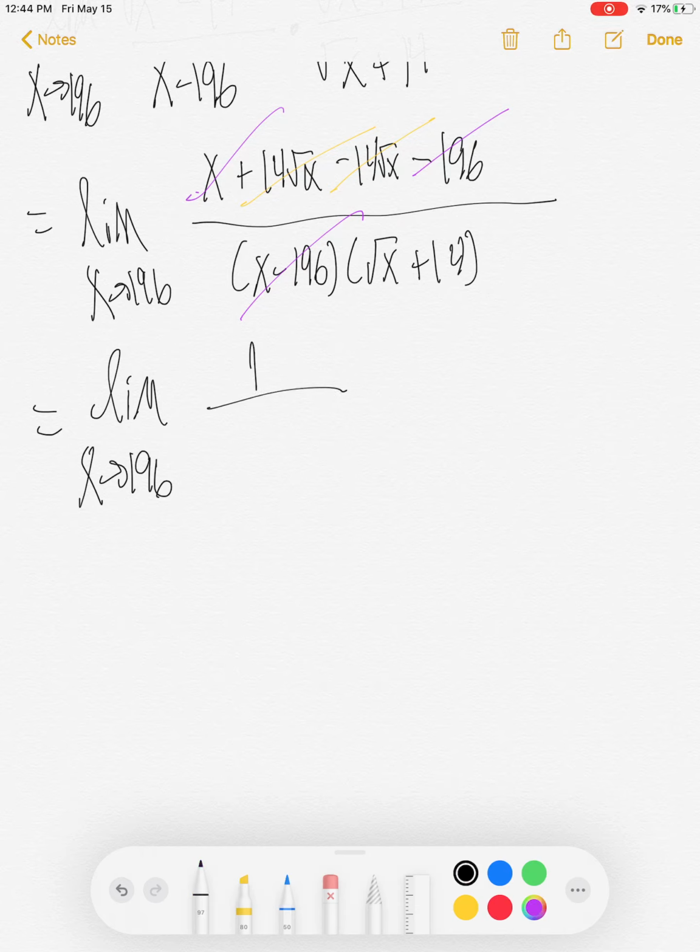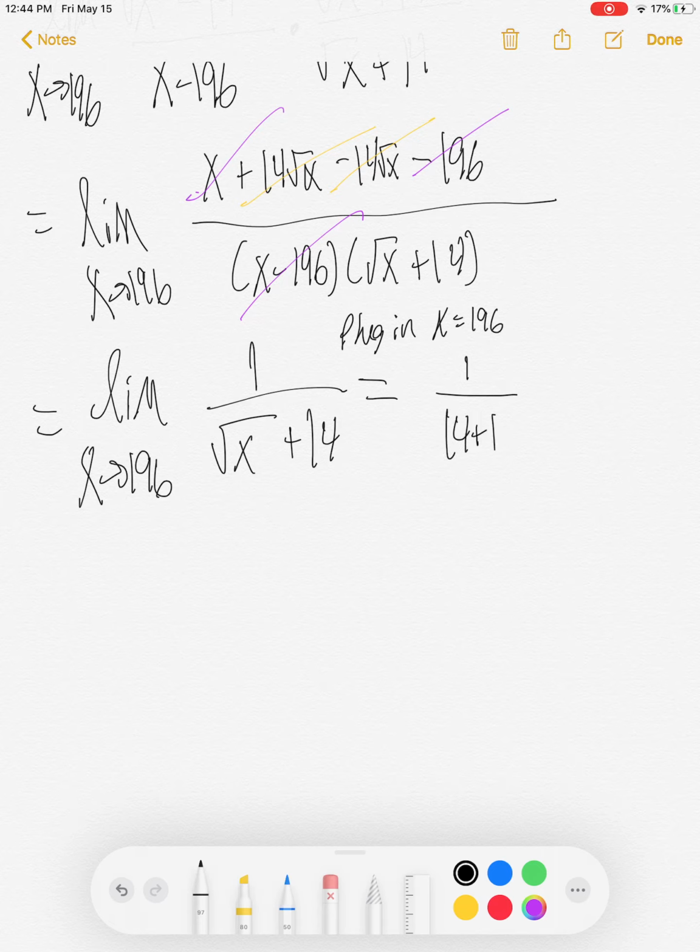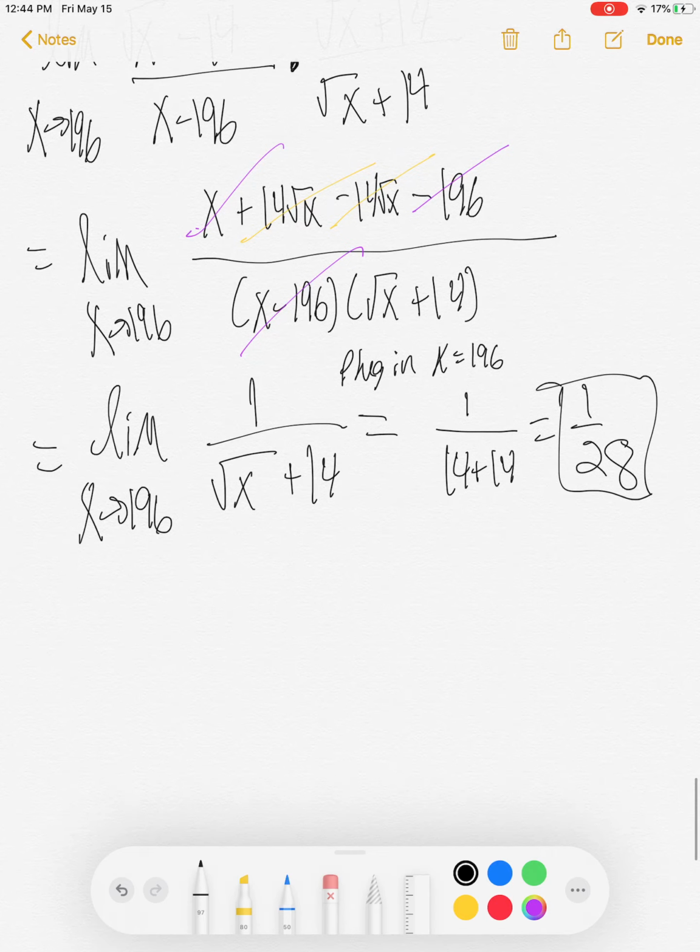So this is just the limit as x approaches 196 of 1 over root x plus 14. And now we can just plug in x equals 196. I get 1 over root 196, which is 14. And 1 over 28 gives us our answer.